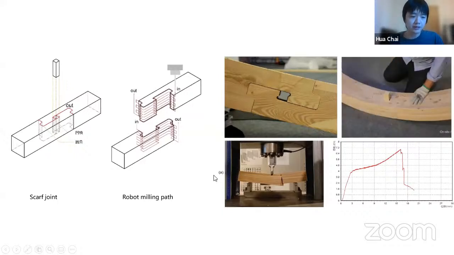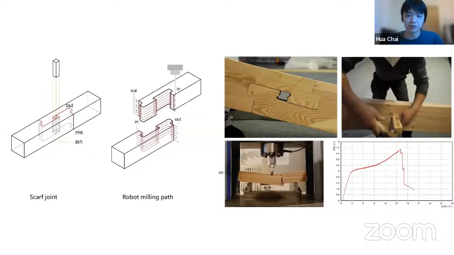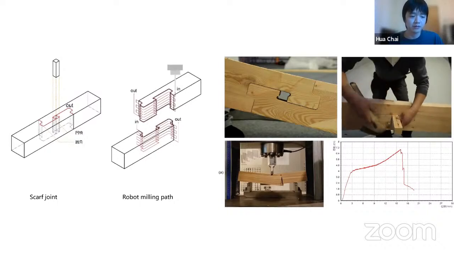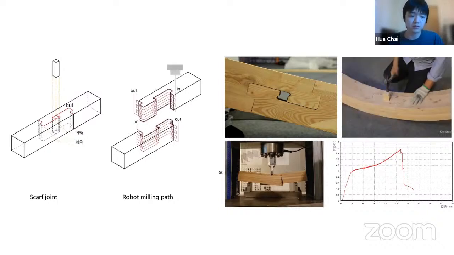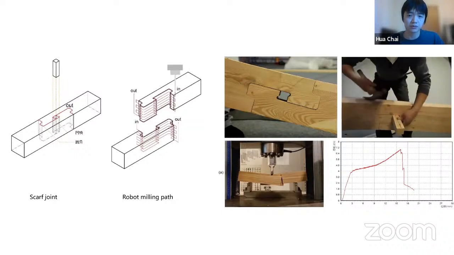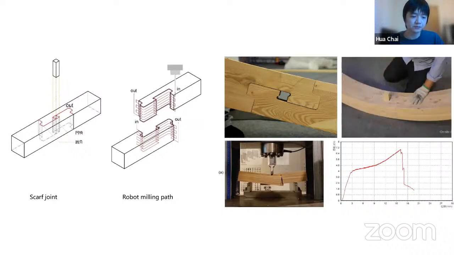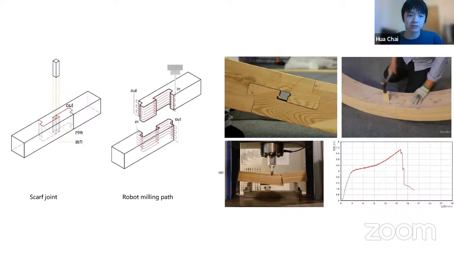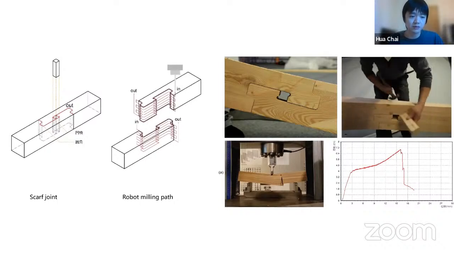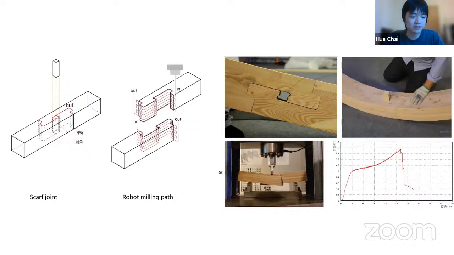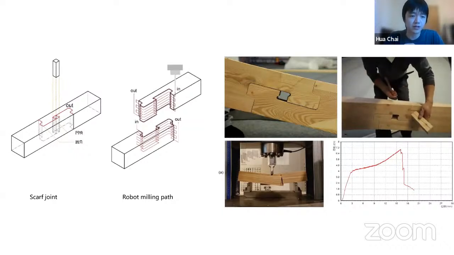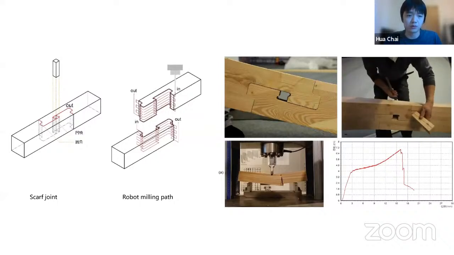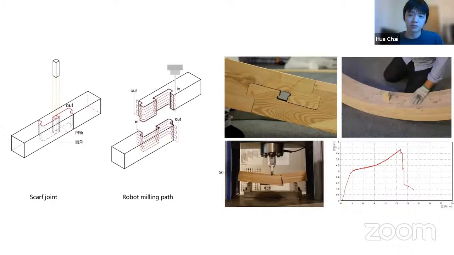And to reconnect the small short members into a continuous glue line, we normally need additional connectors, steel connectors, like screws or steel plates, which would play an important role. However, the large number of joints with different angles and sizes would pose a great challenge for the production of both the timber components and also the steel connectors.